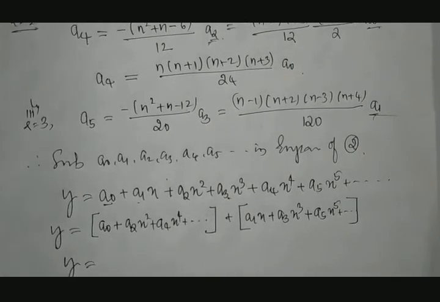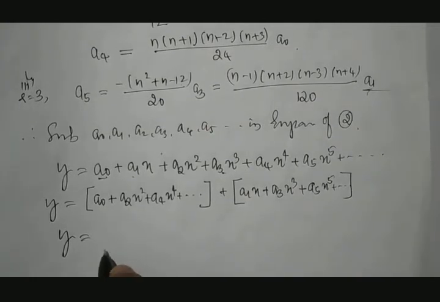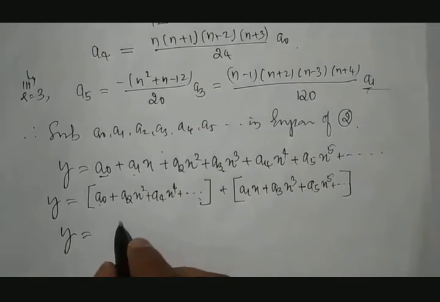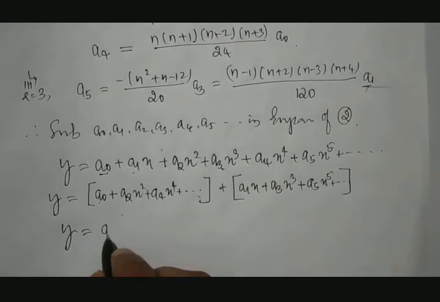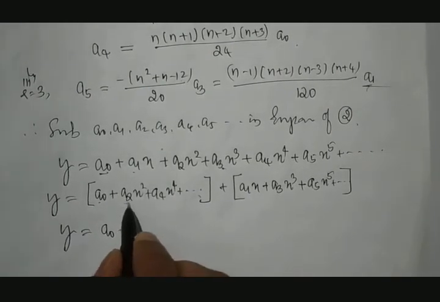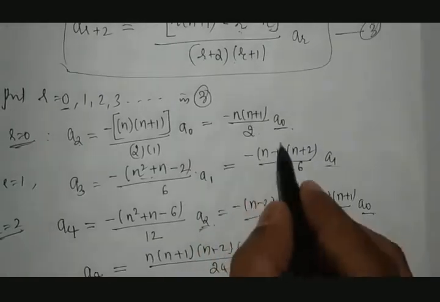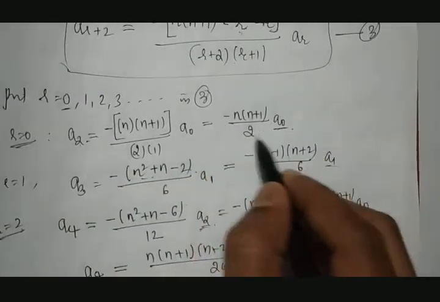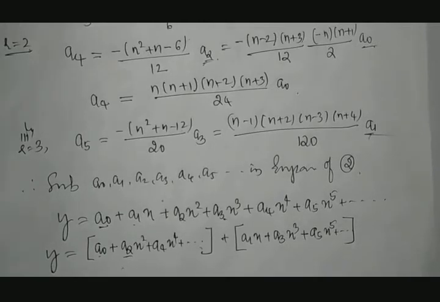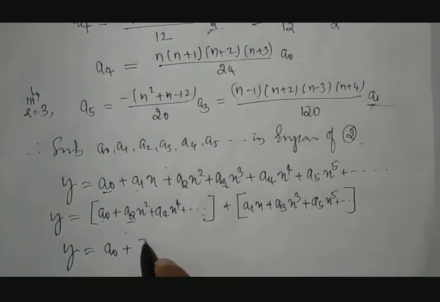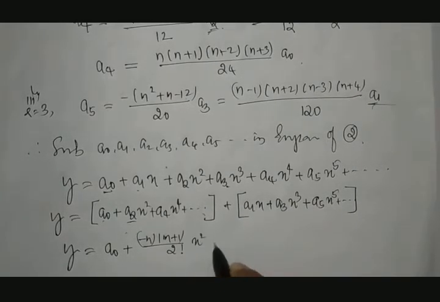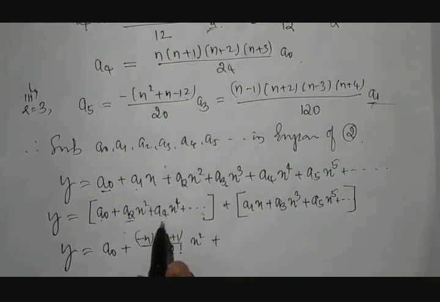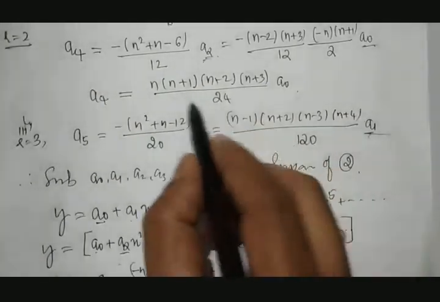Therefore y is equal to, from here if you substitute the results, what happens? Let us see. It becomes A0 plus A2. But what is A2? A2 is this now. Fine. So it becomes minus n into n plus 1 divided by 2 factorial into x square plus A4. What is A4? A4 is this.